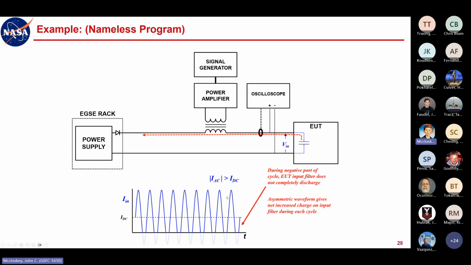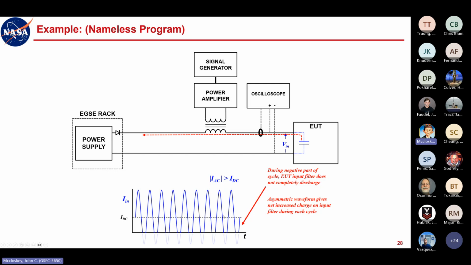But then during the negative part of the cycle, because it's asymmetric, it's not getting all the way down to the full level to discharge that capacitance. The capacitance doesn't fully discharge, right? It's hitting the diode. The current's not getting all the way down to the level to fully discharge the capacitance from what you put into it in the first half of the cycle.